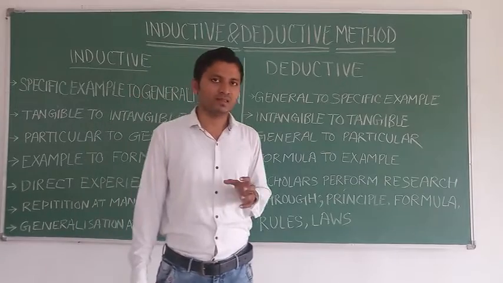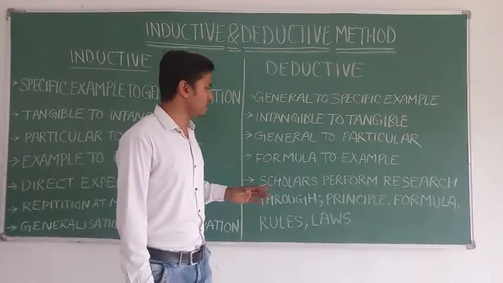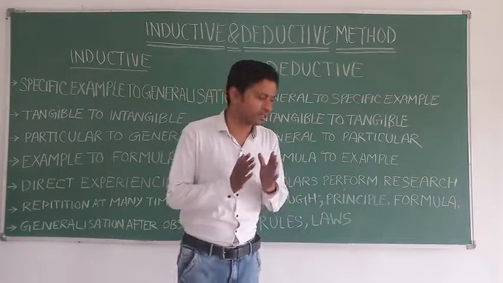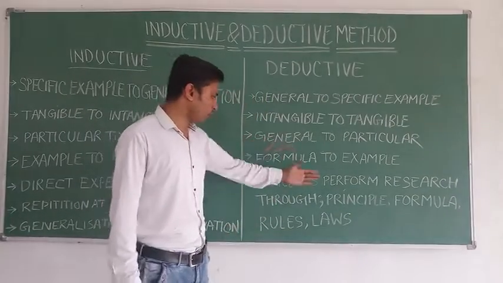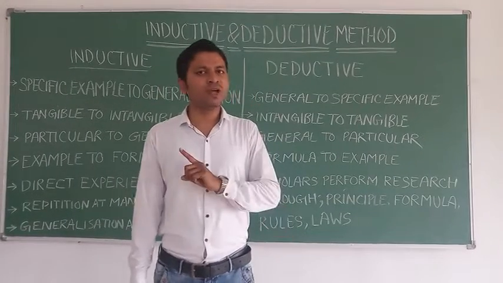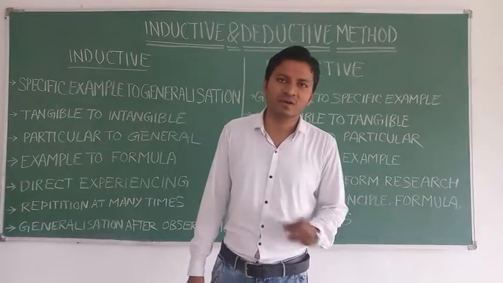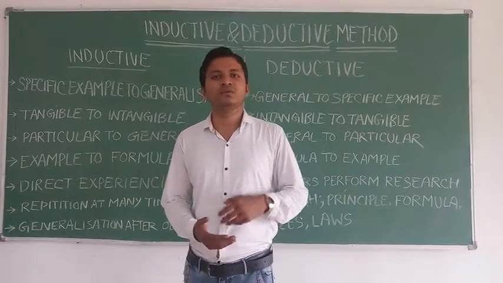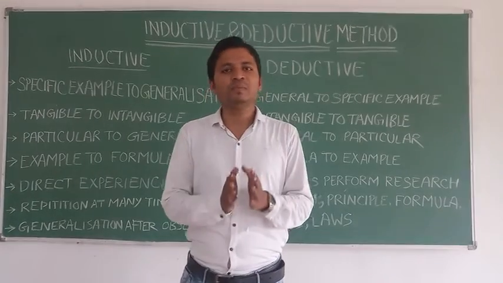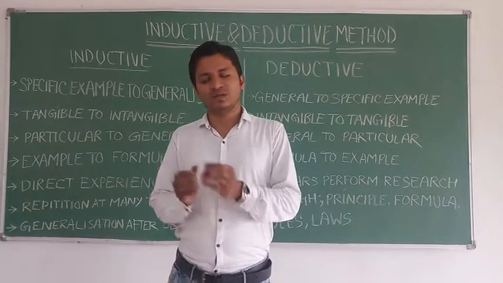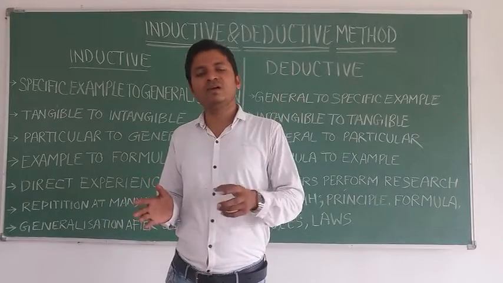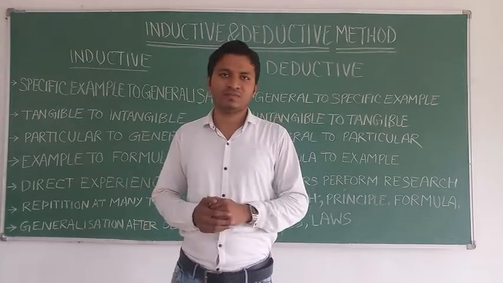So in the deductive method, we begin with the idea of testing or experimenting with an established theory, principle, formula, rule or law. Whichever social law, formula, theory or principle you want to test, you go with the help of the deductive method to the particular research area and perform the testing and experiment for your research topic.